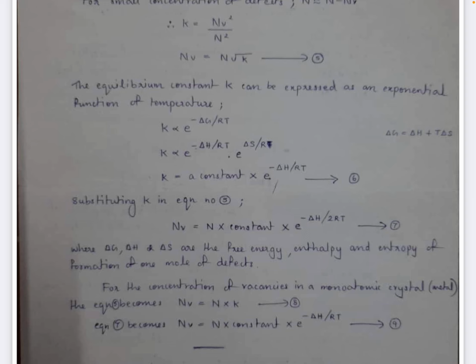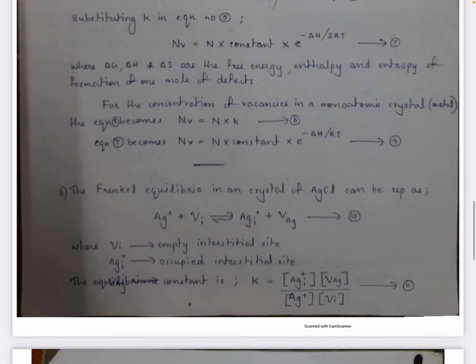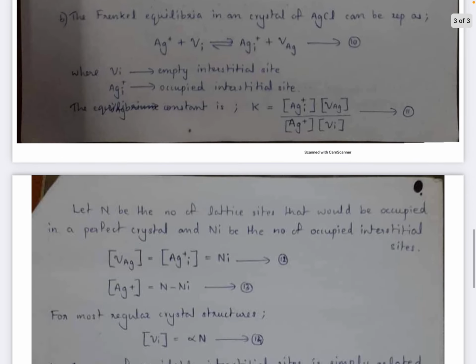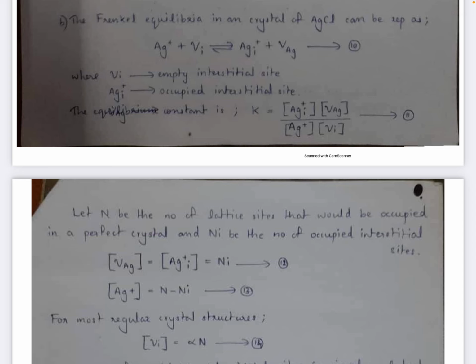Now we can consider the thermodynamics of Frenkel defect. The Frenkel equilibria in a crystal of AgCl can be represented as Ag+ plus Vi equilibria Agi+ plus VAg.